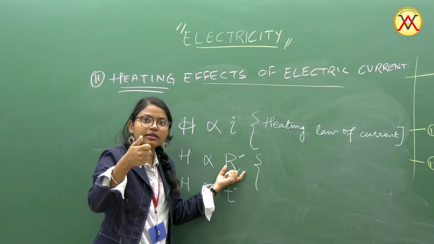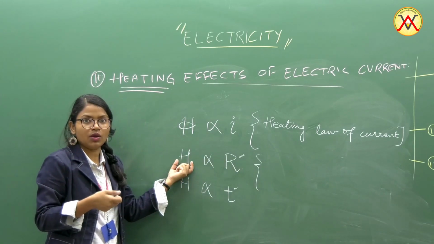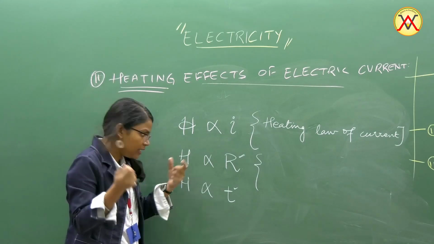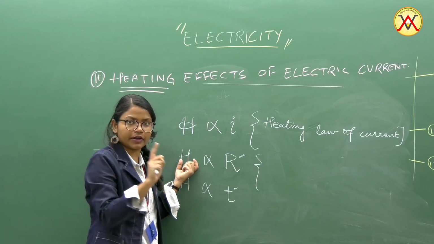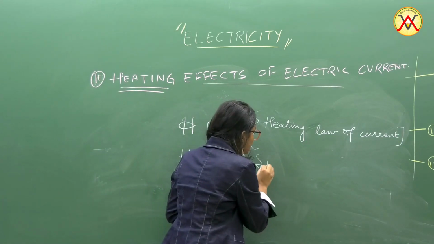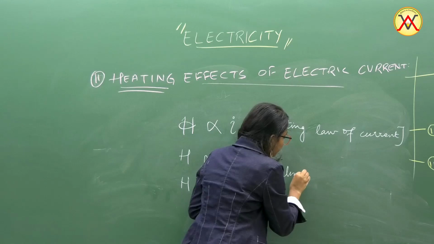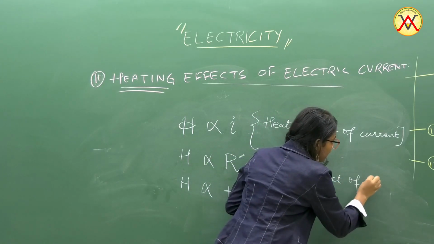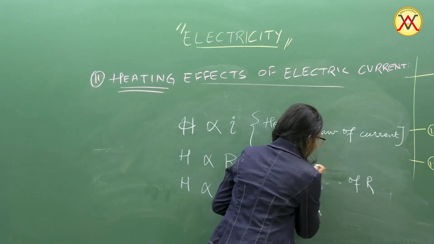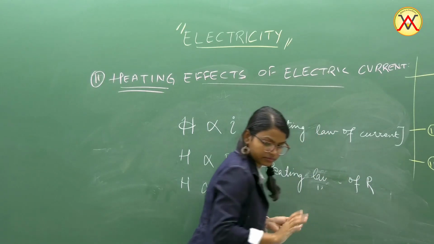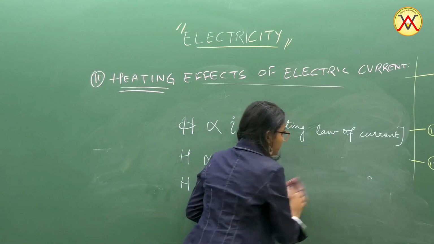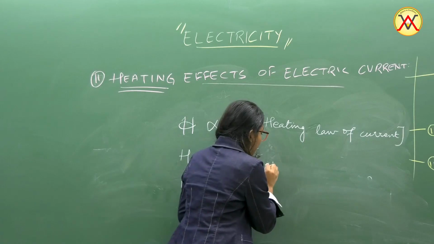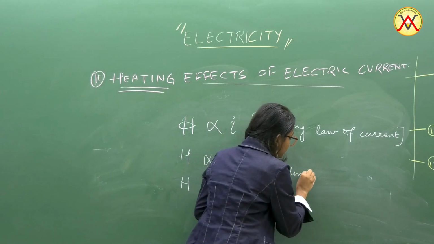A light iron gives you a less heating effect, while a heavy iron, which is being used by a laundryman, gives you a more heating effect, right? So this one is known as heating law of resistance.